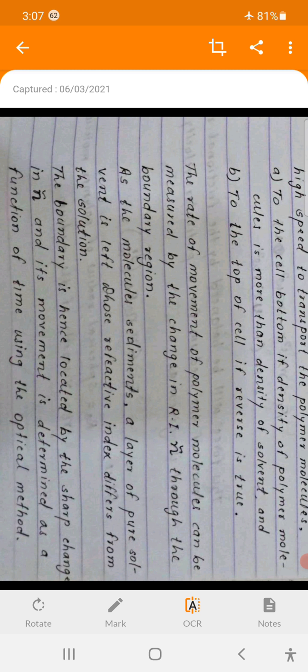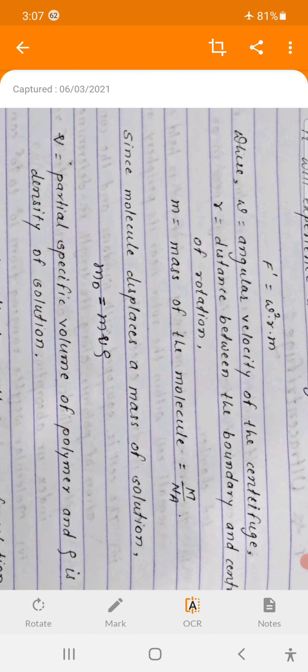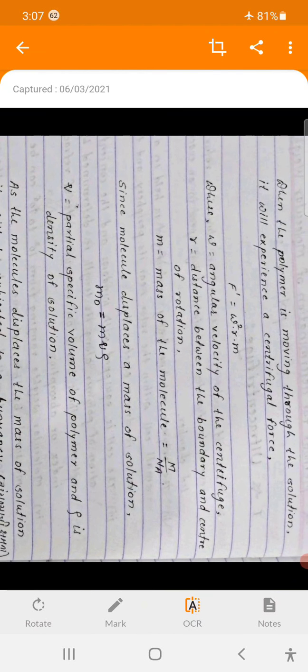Then the boundary is located by sharp change in refractive index because of movement of polymer molecules, and by measuring that refractive index along the length of the test tube or cell, we can measure the movement of polymer molecules along the length of the tube.